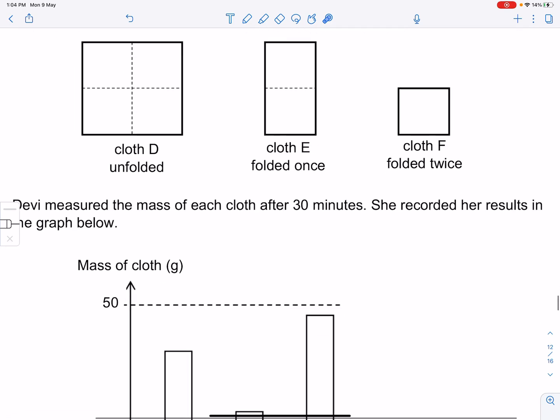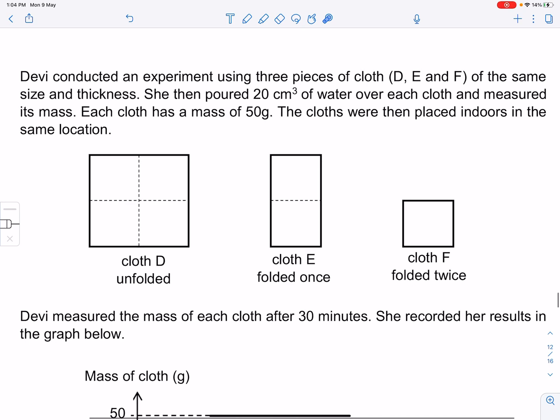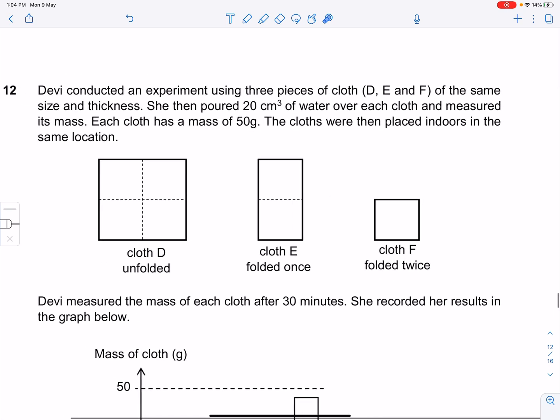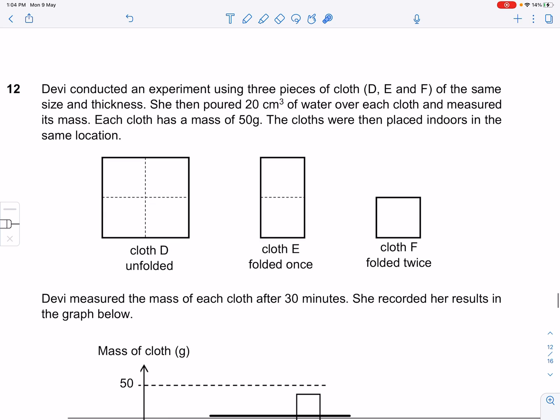Then she measured the mass of each cloth after 30 minutes. Whenever you deal with an experimental question, you always want to ask yourself, what is the measured variable? The measured variable would be the mass. Now the mass is a proxy. So what is a proxy?